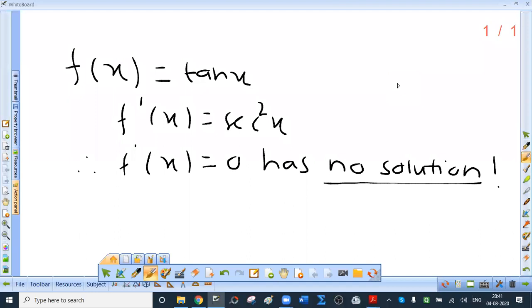Now let us write the solution. Let f of x equal to tan x. Therefore, f dash of x equal to sec square x. Therefore, f dash of x equal to 0 has no solution.